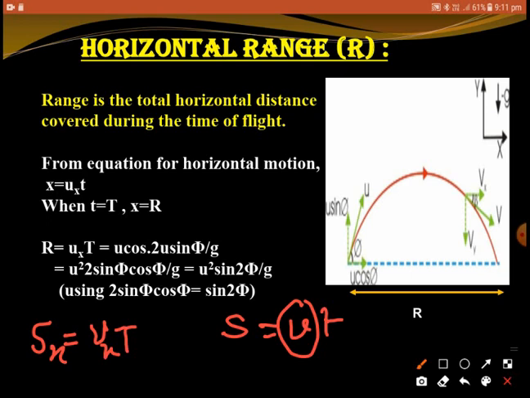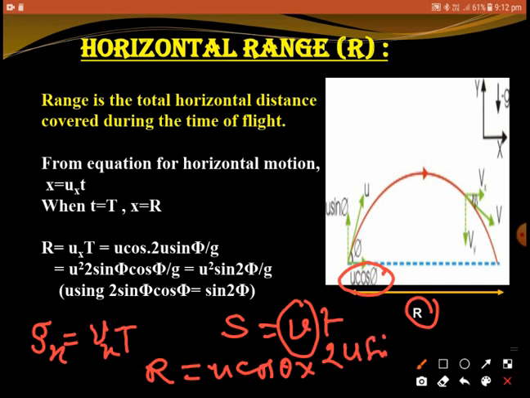Got it? So this sx, the distance along the horizontal direction, will be replaced by r, your horizontal range, and your vx will be replaced by u cosine of theta, and time will be replaced by time of flight, which we know is twice u sine of theta divided by g.